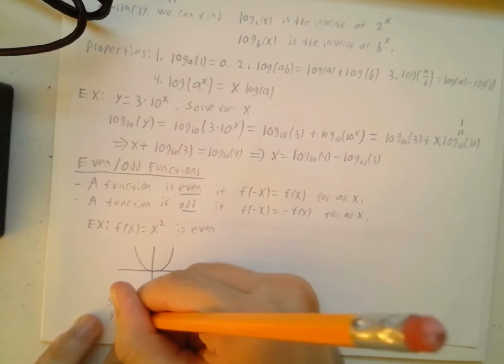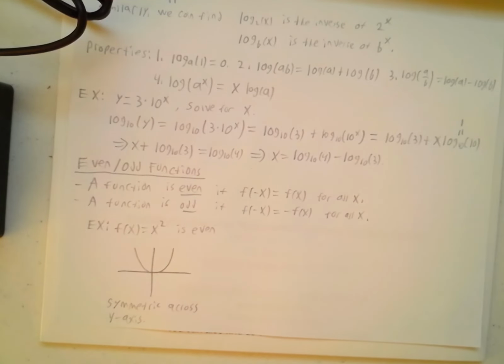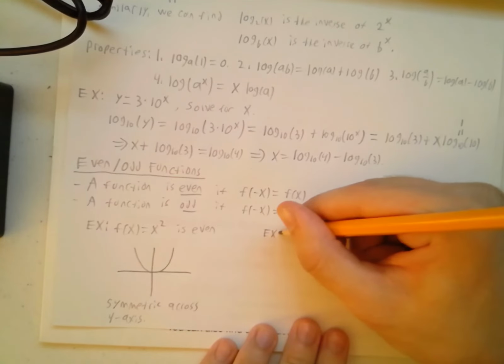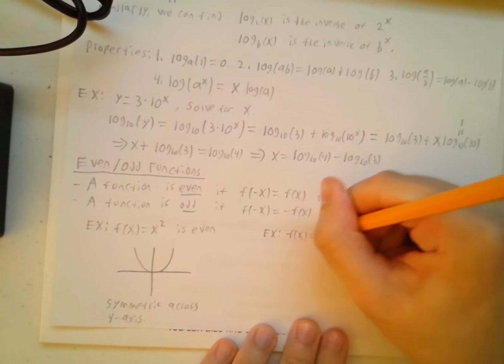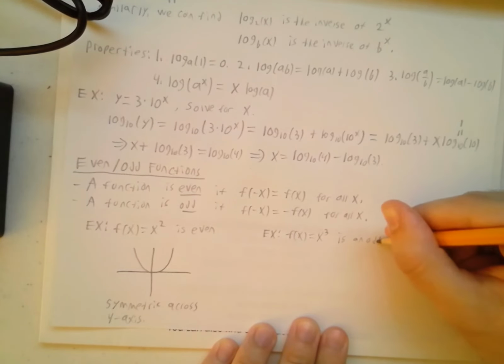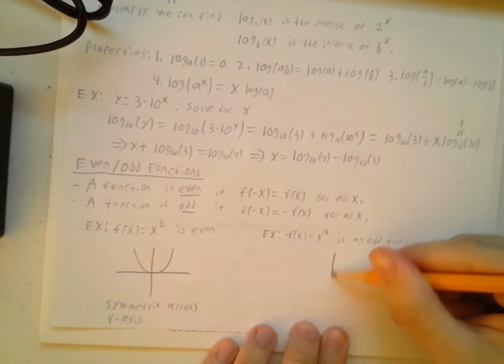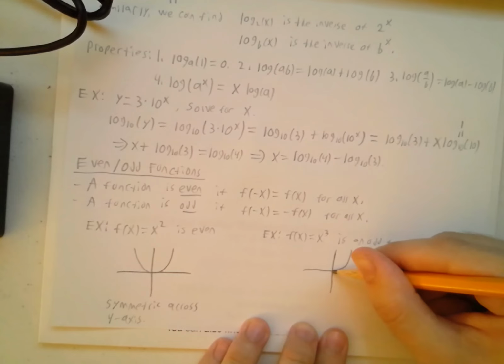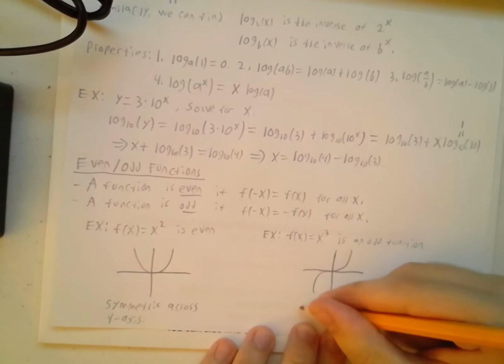On the other hand, if we look at the function f of x equals x cubed, this is an odd function. And the graph of this function looks something like this, and it's symmetric when rotated about the origin.